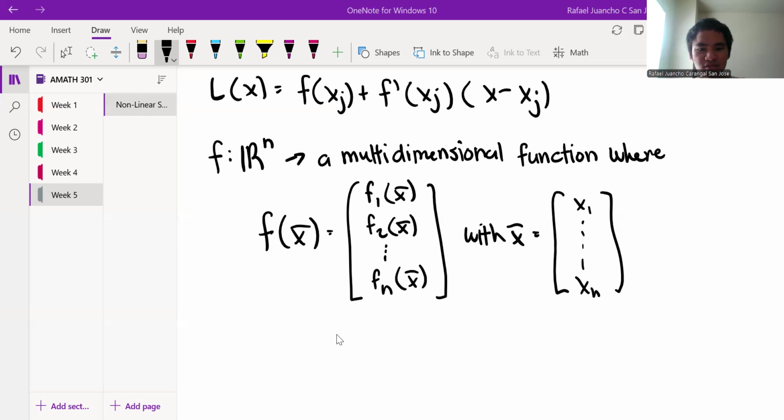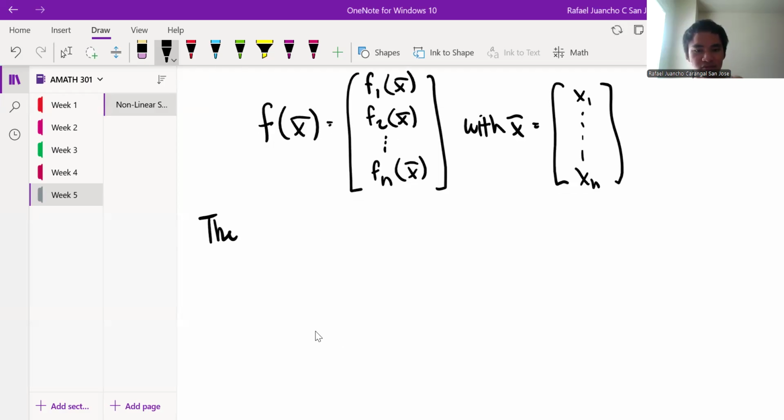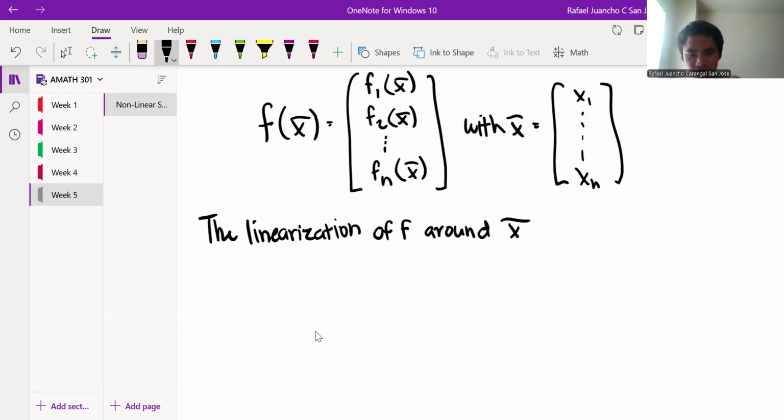And so the linearization of f around, okay, let me just write it. So the linearization of f around our vector at j is given by this.